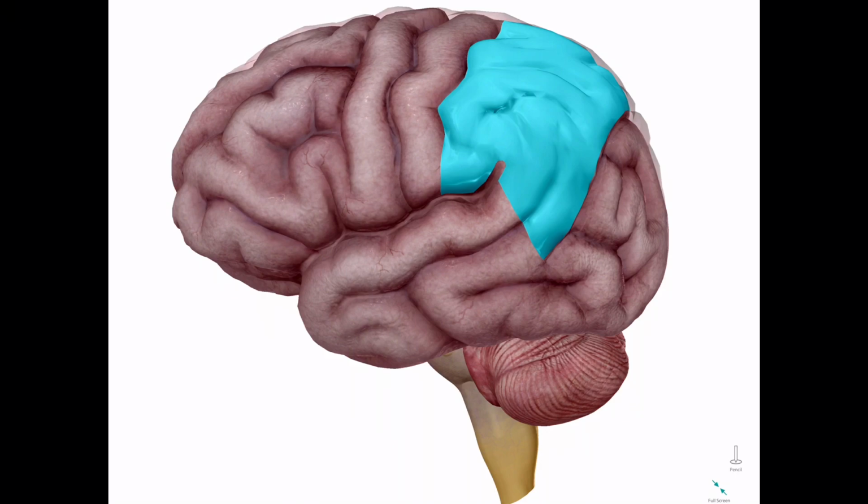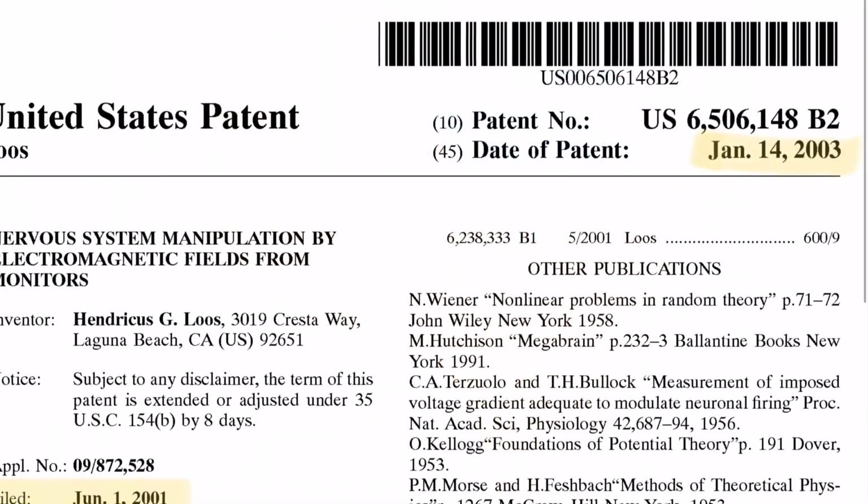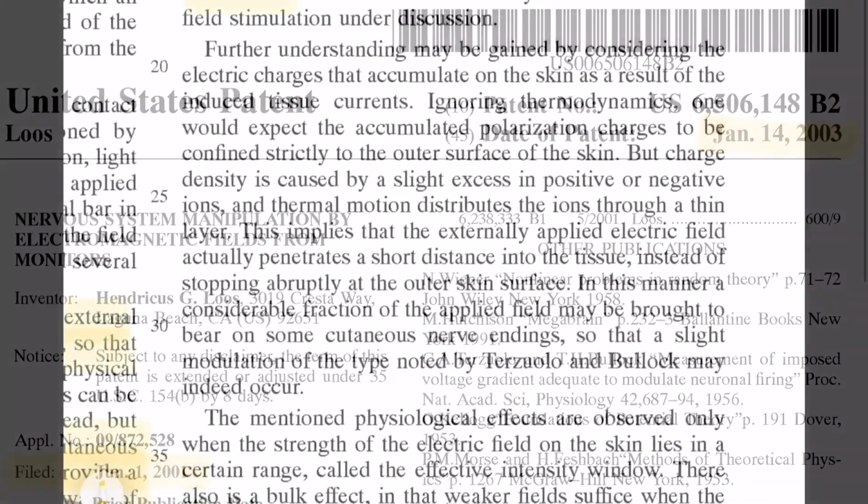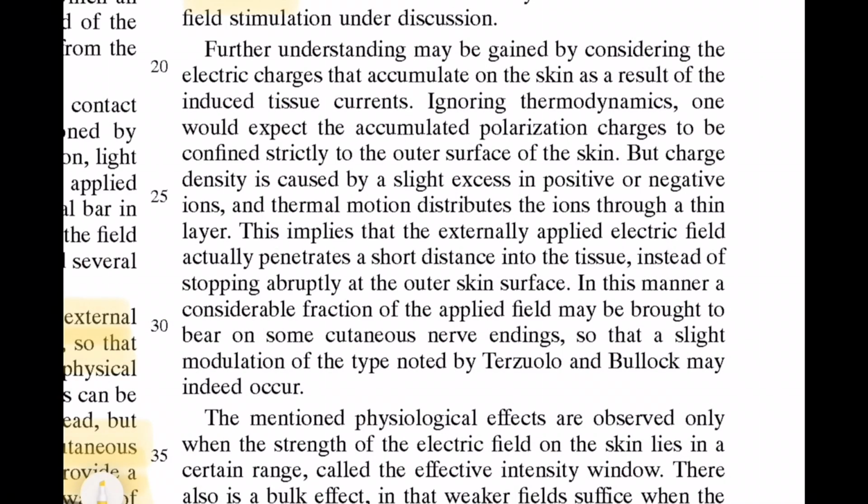And that is in essence what I believe this patent is telling us, as well as other patents that I'm going to be going over in the near future. Going back to the patent itself, here at the top, paragraph 20, it says, further understanding may be gained by considering the electric charges that accumulate on the skin as a result of induced tissue currents.